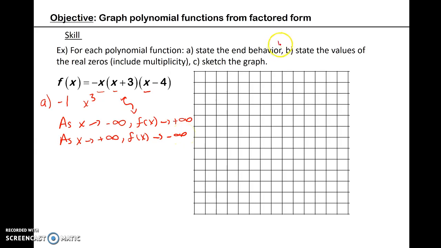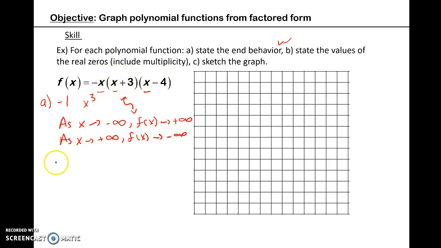So we've determined the end behavior, and now we want to state the values of the real zeros, including multiplicity. So how we're going to do this is we are going to take each factor.